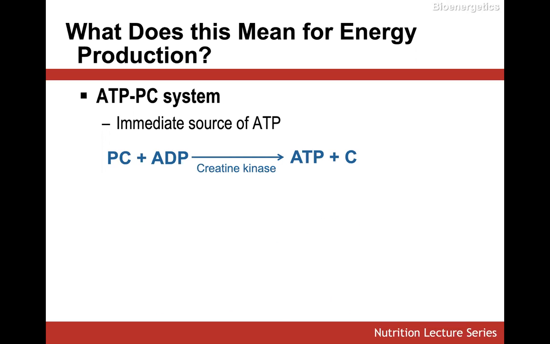It utilizes phosphocreatine, this PC, and it detaches this inorganic phosphate group to ADP, also known as adenosine diphosphate, to create adenosine triphosphate, or ATP. We did talk a little bit in lecture 1 on how you can utilize phosphocreatine supplements to help create more ATP stores for this pathway. But nowhere in this chemical equation right here do we utilize carbohydrate as a fuel source.